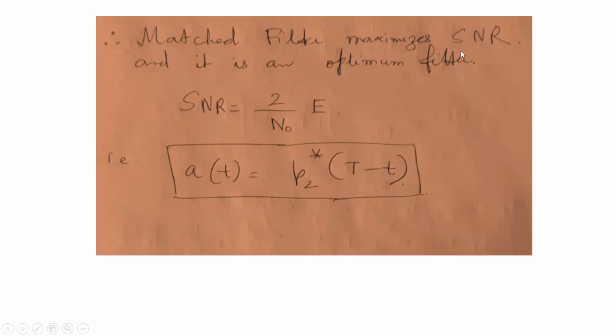The matched filter maximizes the signal to noise ratio and it is an optimum filter. So SNR will be given by 2 by N naught times E, if I use the receiver filter A(t) equal to P2 star(T minus t), which is a matched filter.